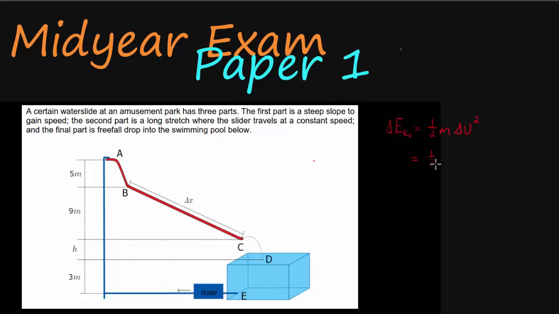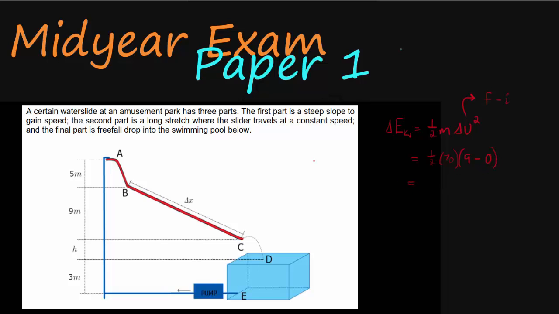So a half, person is 70 kgs. And he goes from rest, in other words, future velocity. Remember, change is always future minus initial. He goes from future velocity, 9 meters per second, minus his initial velocity from rest, so 0.